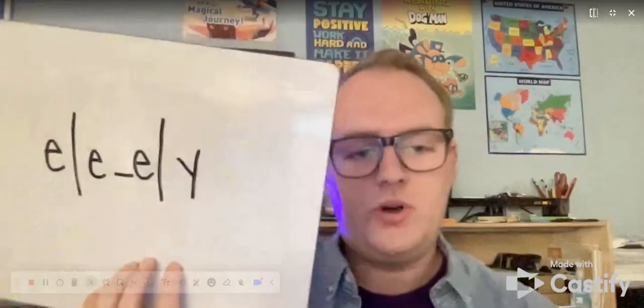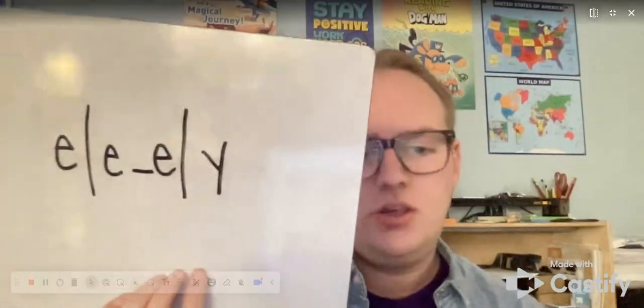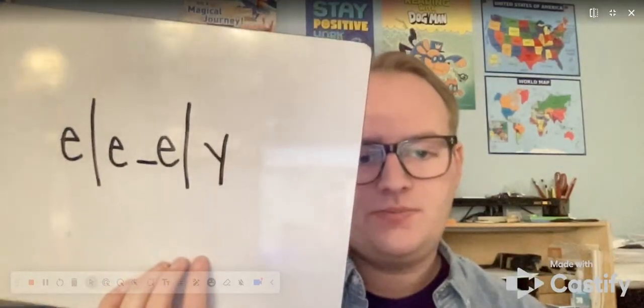The next sound is going to be E, the long E sound. And if your board or paper looks like mine, you are correct. Next, will you please spell the long I sound?